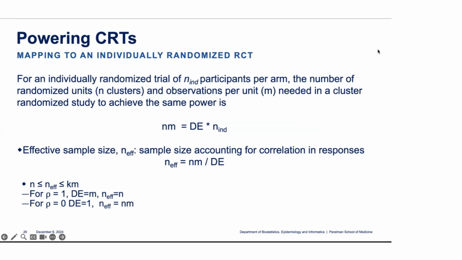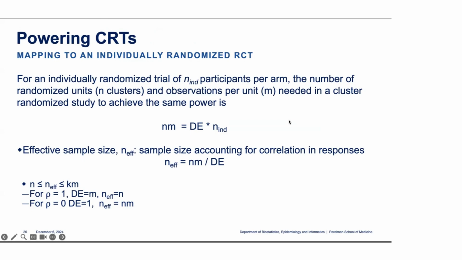A useful feature for sample size calculations in cluster randomized trials is that you can very easily map, using the design effect, the number of individuals needed in an individually randomized trial to the number of randomized units and observations per unit needed in a cluster randomized study. So if we know the number of individuals needed per group in an individually randomized trial, we can just multiply that by the design effect.